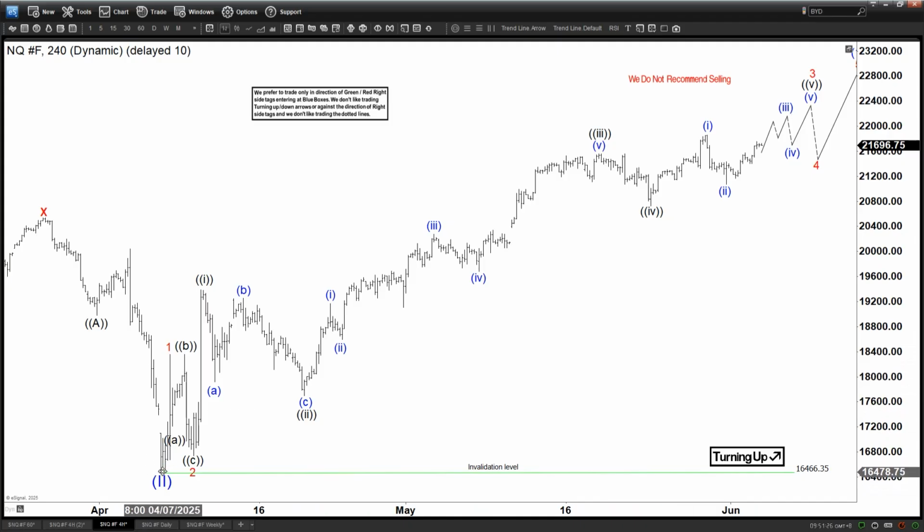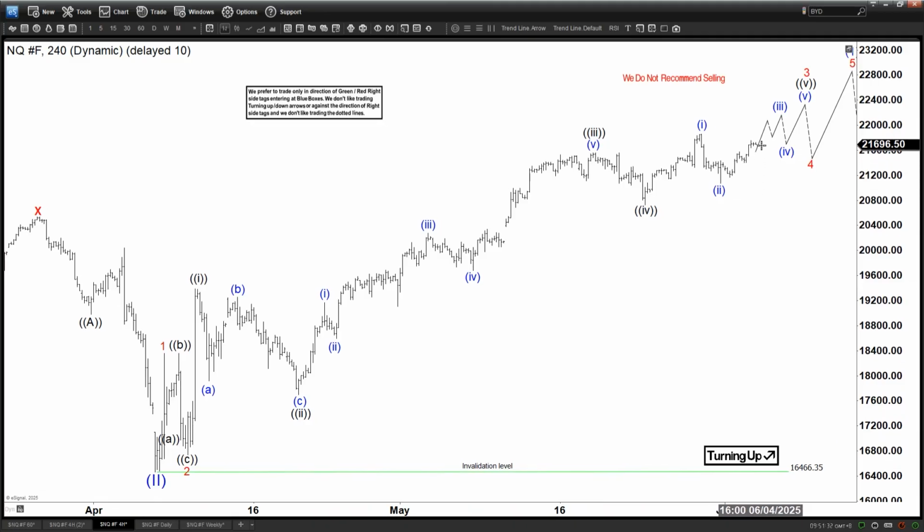So far, the sequence is not yet complete, but if we do get at least a 9 swing sequence, 1, 2, 3, 4, 5, 6, 7, 8, 9, then I think that will imply further upside extension in an impulsive structure. So we just need to see a little bit more upside above that previous peak here, and then we will have a 9 swing which will be more bullish.